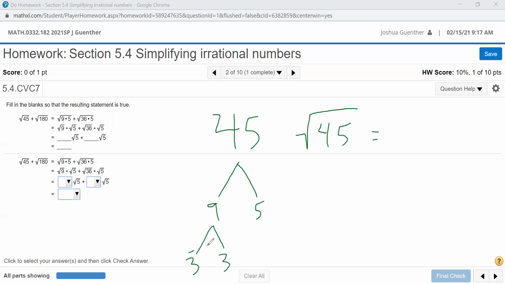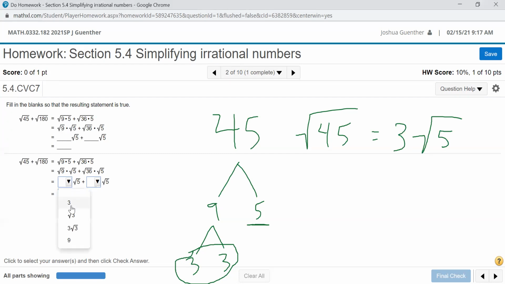The way we kind of talked about in class was to circle any pairs of factors, in this case the 3's, bring them outside of the square root with one representative. And then all you have left inside is what didn't have a pair. So the square root of 45 can be written as 3 square roots of 5. What they're doing, they're taking a little bit more circuitous route with this. They're branching off the 9 and the 5, but it's just going to become 3 square roots of 5 down here.